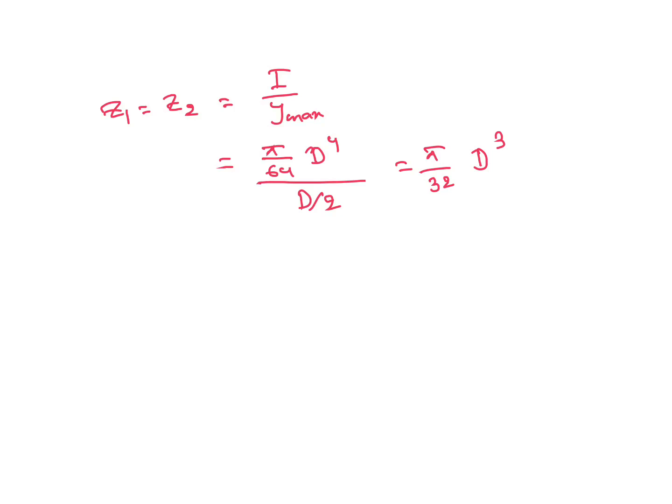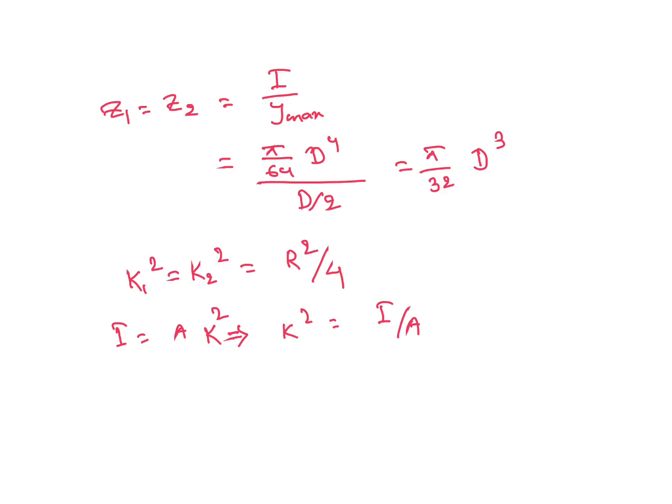Then here radius of gyration square k1 square and k2 square, r square by 4. I already told I equal to A k square, so k square equal to I by A. Put the formula, you will get this result.